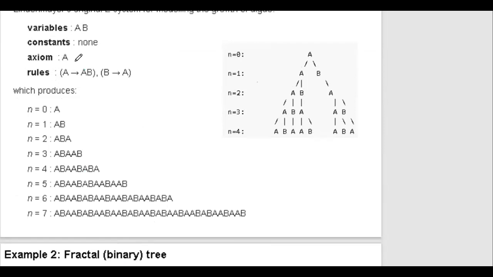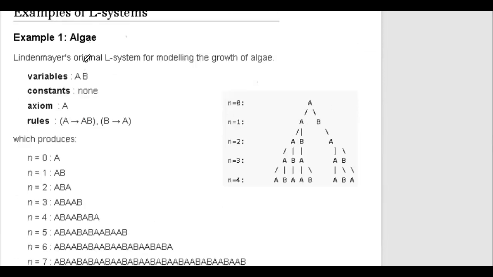So for that you need an initial word. Here you have variables. This is your set of alphabet. It consists of two symbols, A and B. Both are variables, and if they are variables, there are rules for them.